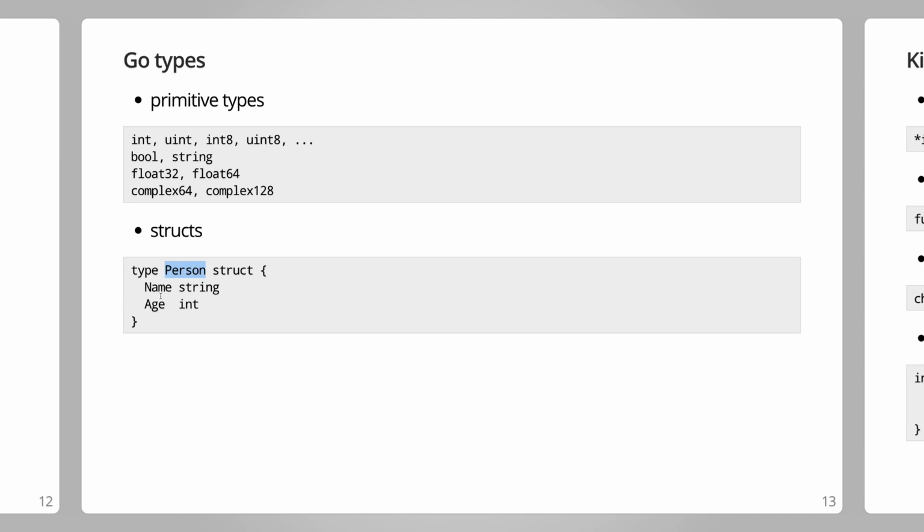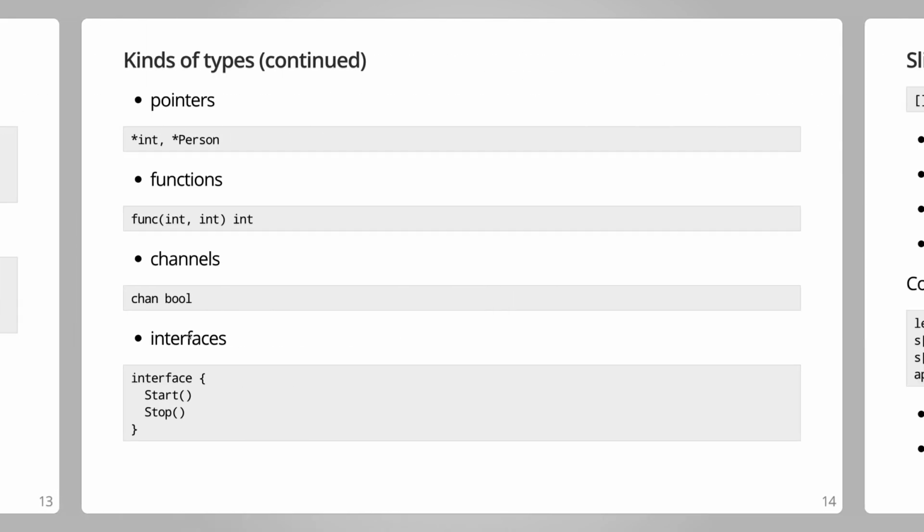This would be sort of like a class in Java or in Python, but it's really just a struct. At this point, we have not added any methods to the person type. So the person type here has two attributes. It has name and age, and the name is of type string, and the age is of type integer.